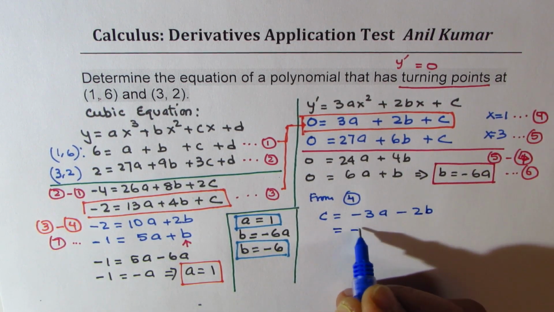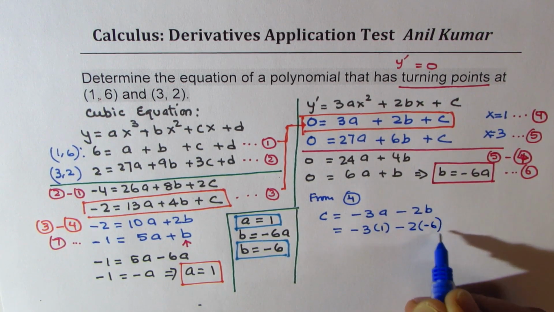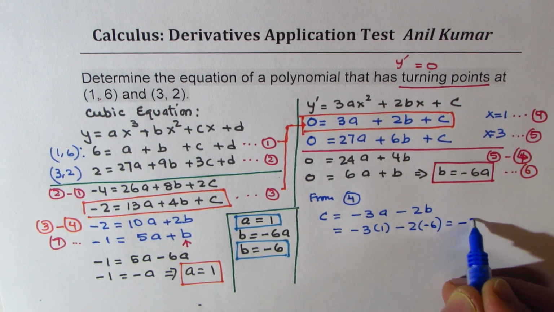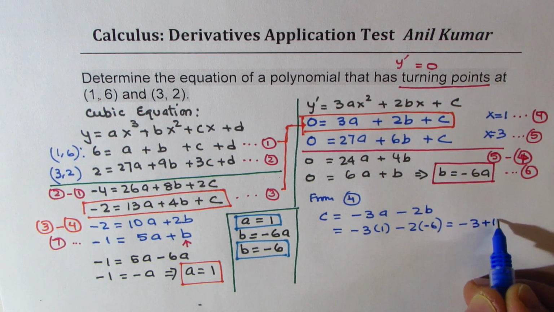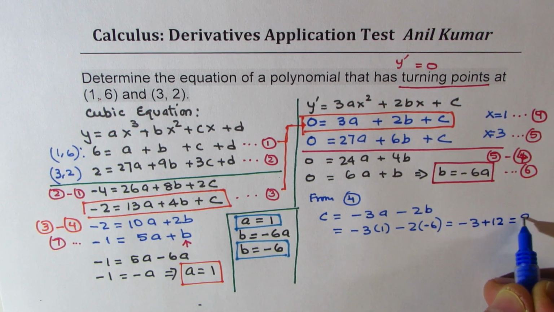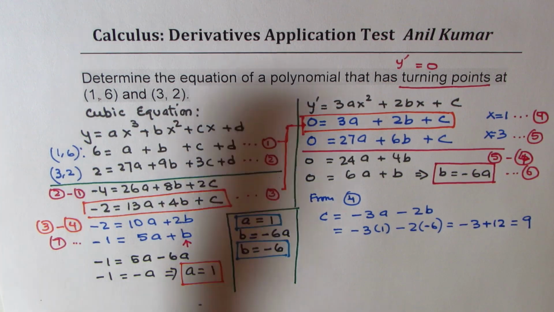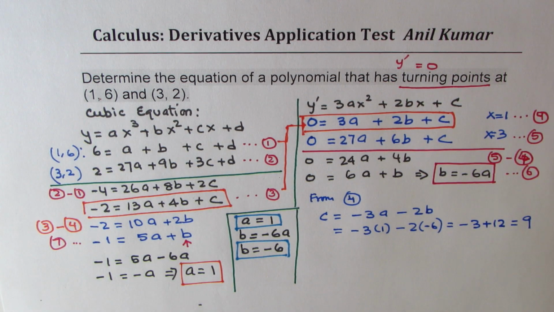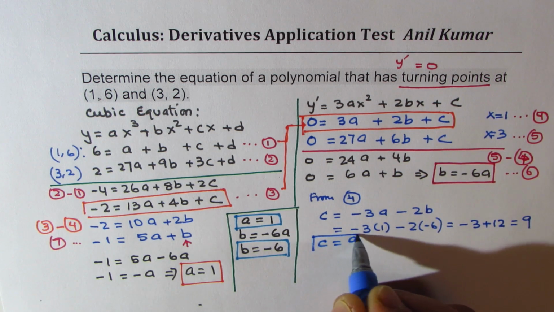So that gives us minus 3 times 1 minus 2 times minus 6, which is minus 3 plus 12, and that is 9. So we get c as 9.